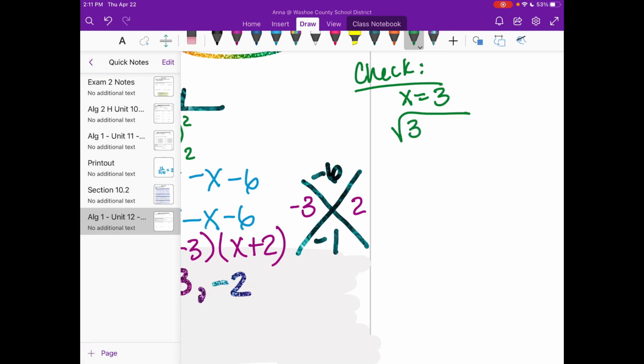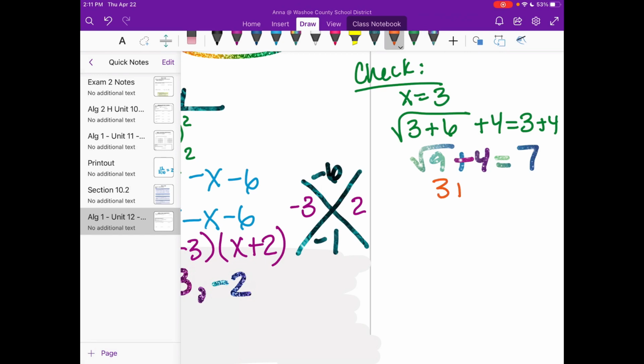So square root, x is 3, so 3 plus 6 plus 4 equals 3 plus 4. Okay, 3 plus 6 is 9, so square root of 9 plus 4 equals 7. Well, square root of 9, that's just 3. So 3 plus 4, does that equal 7? Yes, it does.